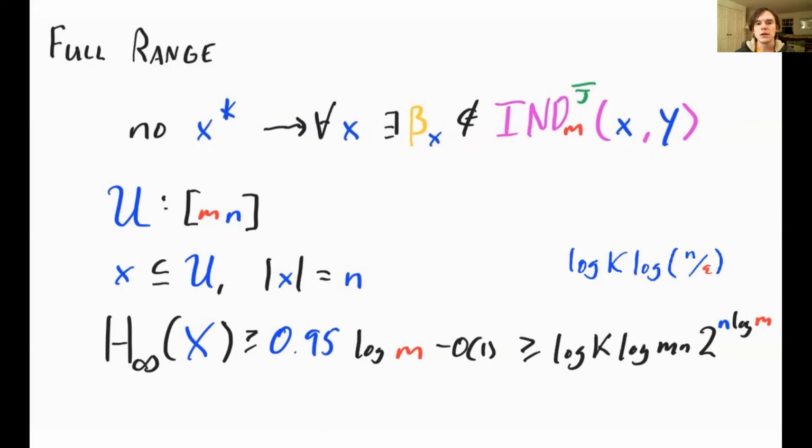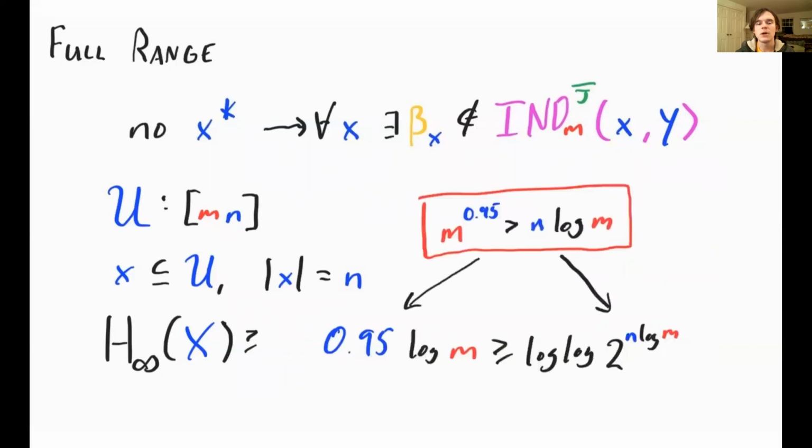So in particular, we're going to pick epsilon to be 2 to the minus n log m. And we want our blockwise min entropy to be at least roughly log(mn) over epsilon. mn is the size of our universe, remember. And I want to point out that this is the one place where we have to fix the gadget size.